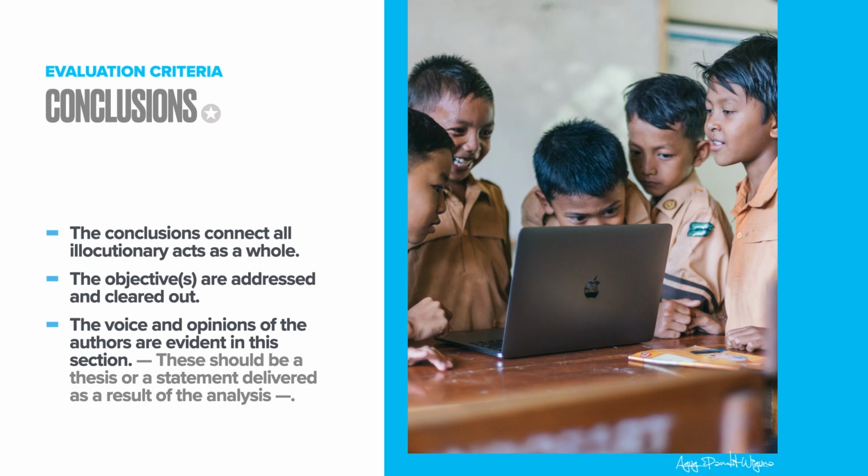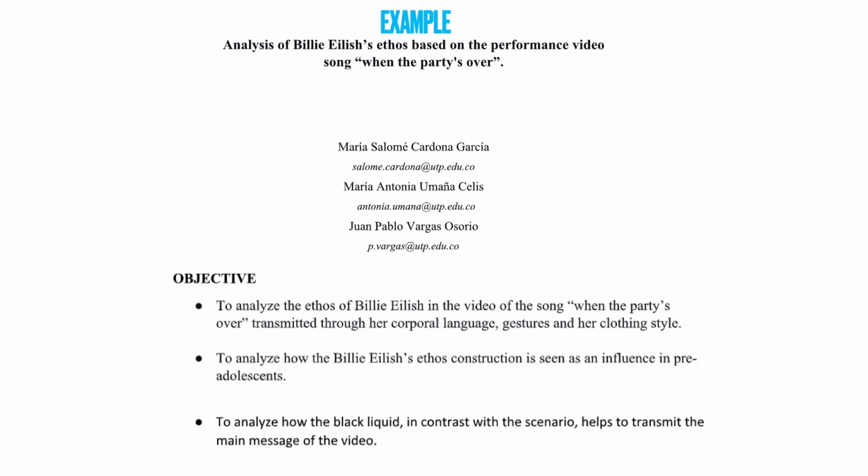Allow me to give you some examples. Here is a work designed and created by Salome, Antonia, and Paulo, who have been working on an analysis of Billie Eilish's ethos based on the performance video of the song When the Party's Over. Notice please that they have designed three objectives.